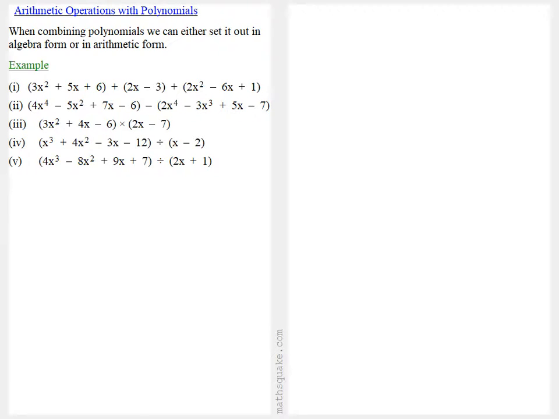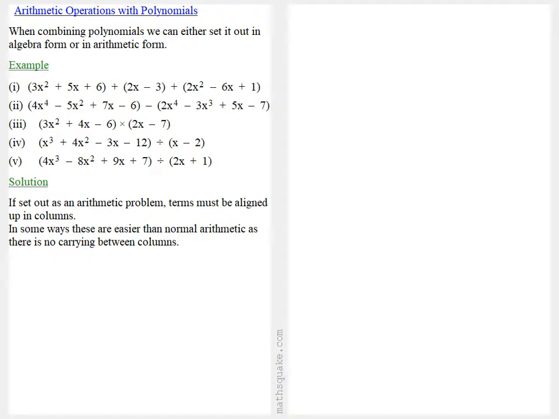So for example, we've got 5 sets of polynomials that are either added, subtracted, multiplied or divided together. If we set out an arithmetic problem, terms must be aligned in columns. In some ways these are easier than normal arithmetic problems as there's no carrying between the columns.